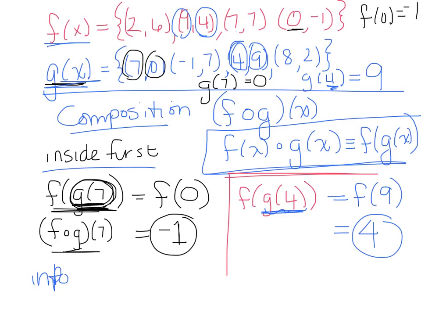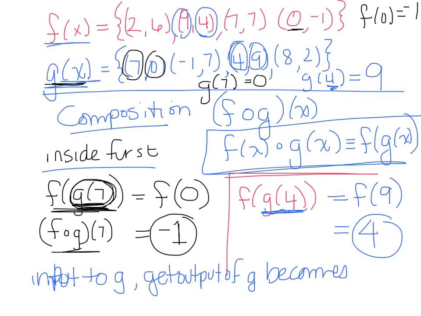You put input into g, get an output of g, and that becomes the input to f. And then you'll get the output of f. So it's important that the output of g has a place to go in f.